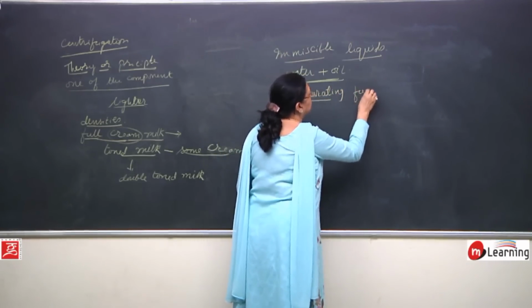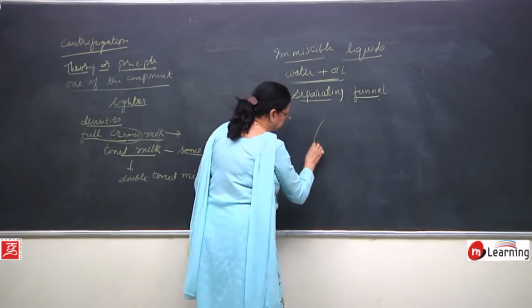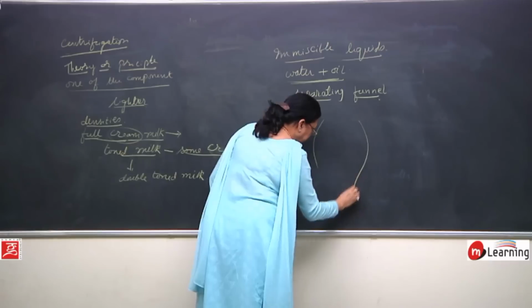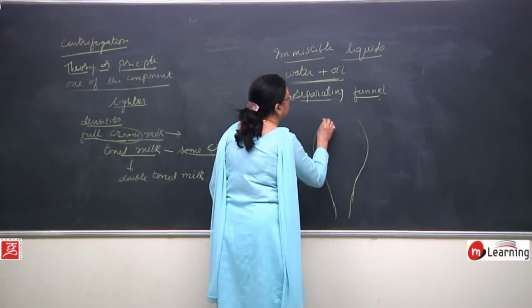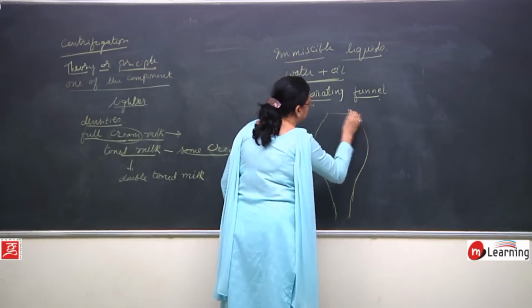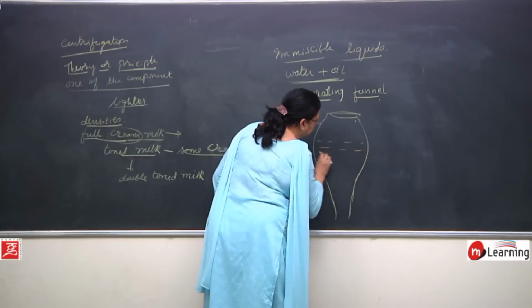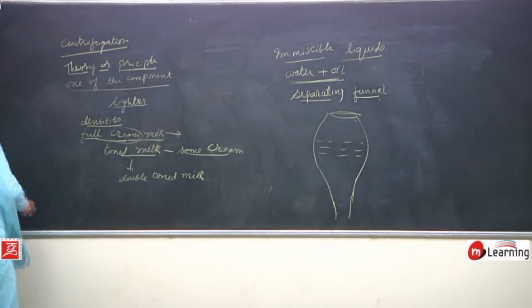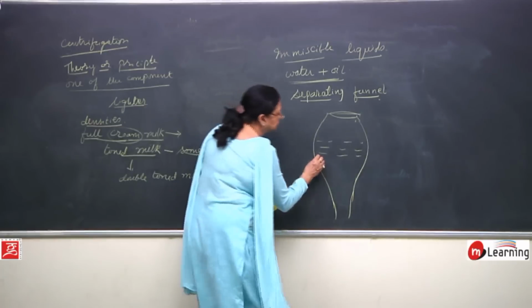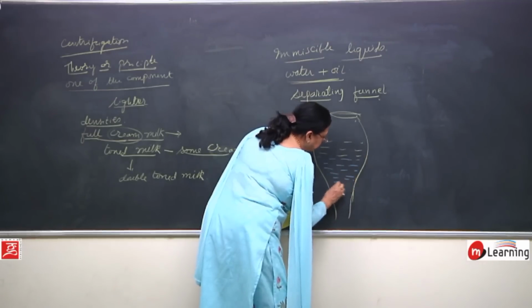You will have to take a separating funnel. What is this separating funnel? This is the funnel, and in this funnel you have a mixture of oil and water. These oil and water are immiscible.